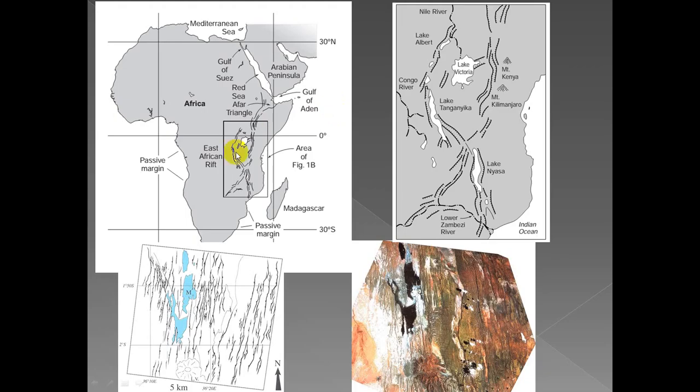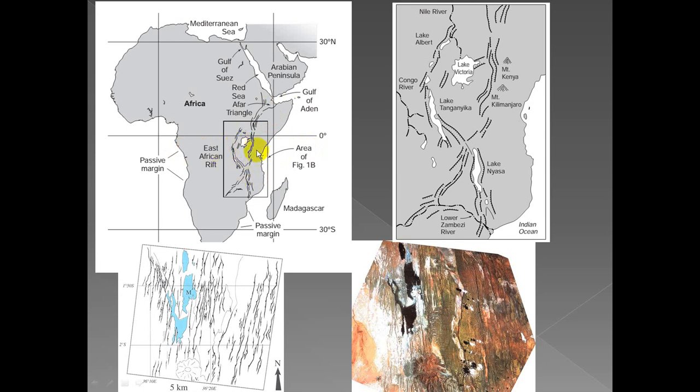If we look at this part, the active rift today on our planet is the East African rift. The East African rift is defined by a north-south fracture zone. This fracture zone resulted from the movement of this part of Africa towards east and this part towards west.